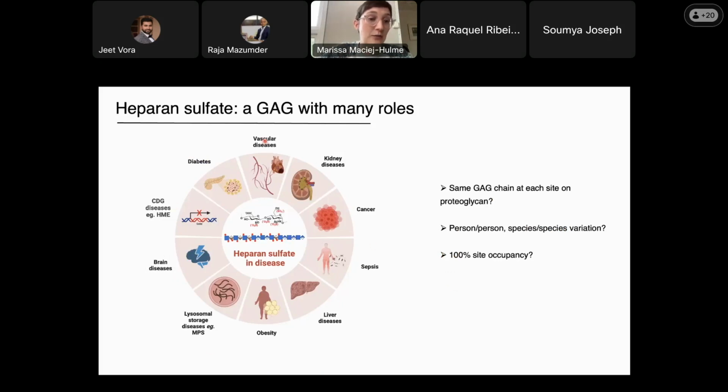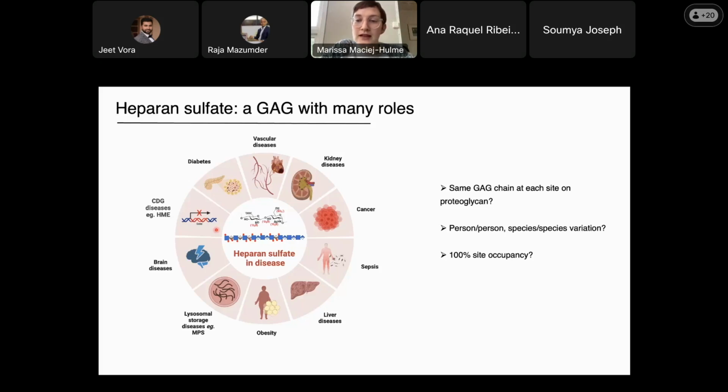And you can see here is a plethora of diseases that heparan sulphate has been associated with, not just cancer, but kidney diseases, diabetes, brain diseases, Alzheimer's, obesity, and also genetic diseases. So we know that heparan sulphate is highly heterogeneous, with different parts of the chain encoding regions of distinct sulfation patterns that orchestrate ligand binding.